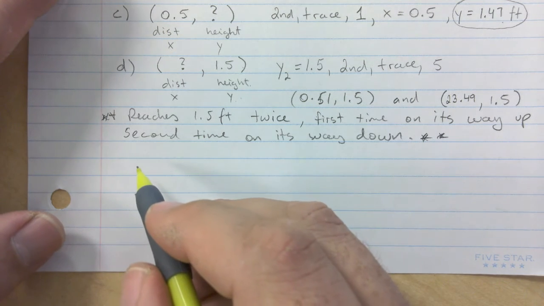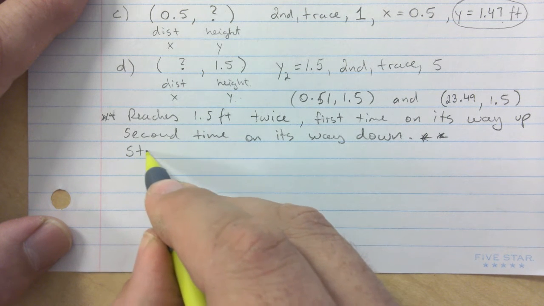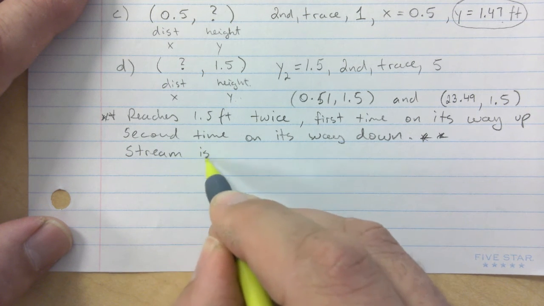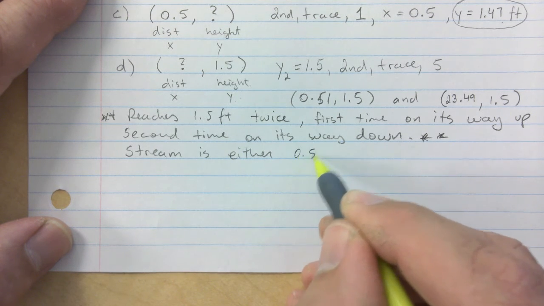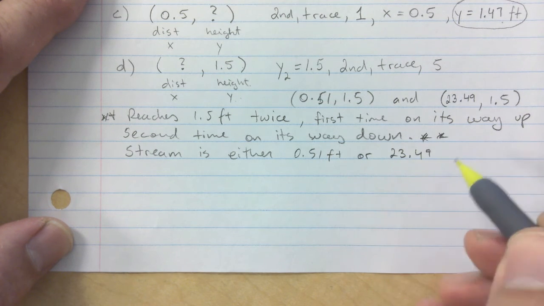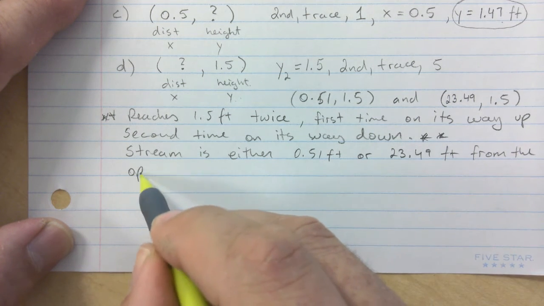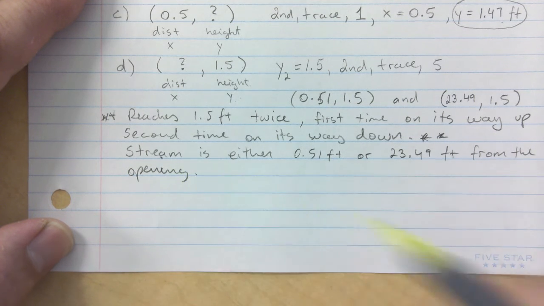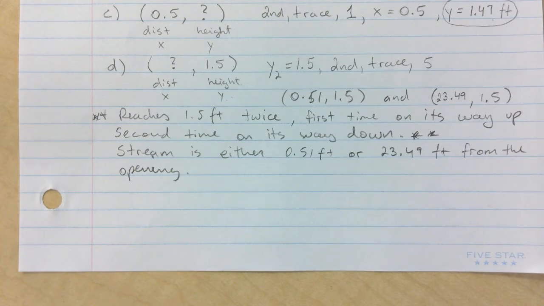So you would say, this would be my answer, the stream is either 0.51 feet or 23.49 feet from the opening. So there the wording does matter, so you want to say that.